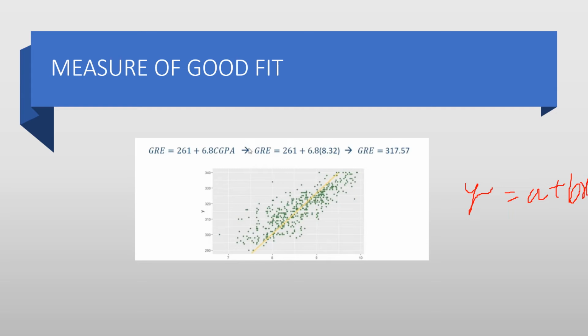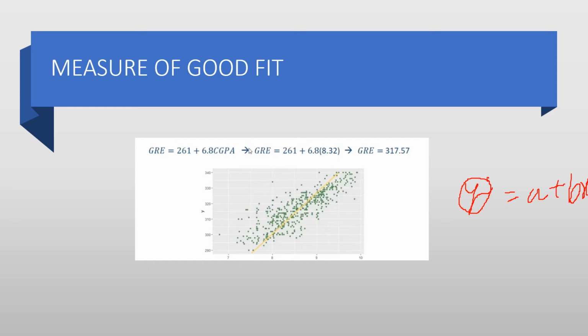For this case we have a value as 261, y as the GRE score, since the GRE score is dependent on the CGPA, x as the CGPA, and b as 6.8. That is basically a slope, whatever we have studied in tangent, in the trigonometry part of our syllabus, where we find out a upon b, which is the measure of the slope of the line.